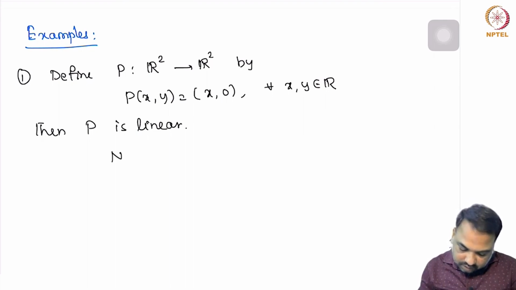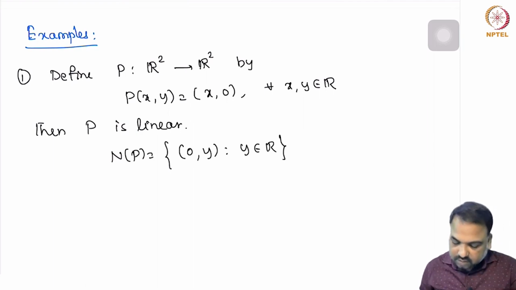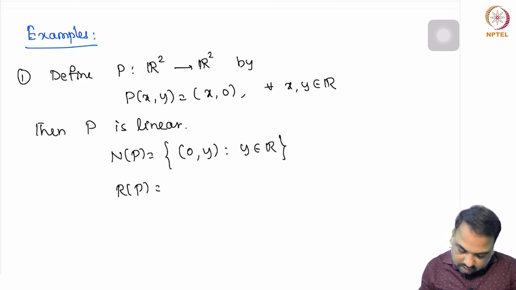So the null space of P in this case is (0, y), because P of (x, y) equal to (0, 0) means x should be 0, and the range space of this is the x-axis.